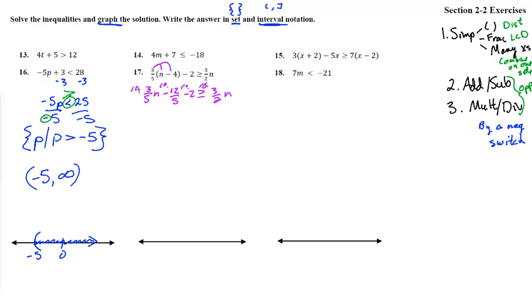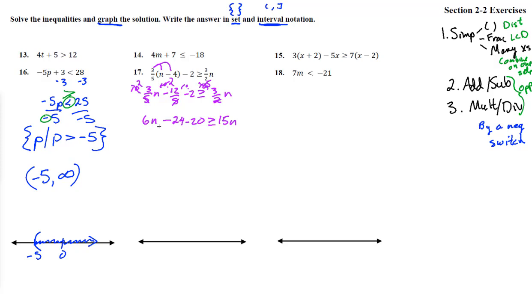10 times 3/5, that will cancel, is 2 times 3 is 6n, minus 10 over 5 is 2. That's minus 24. And minus 20. Greater than or equal to 10 divided by 2 is a 5, times 3 is 15n.